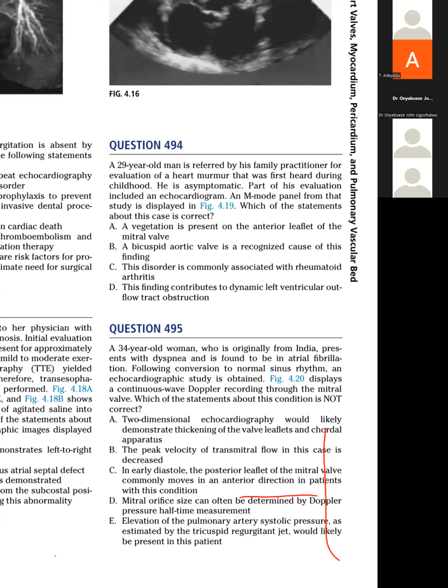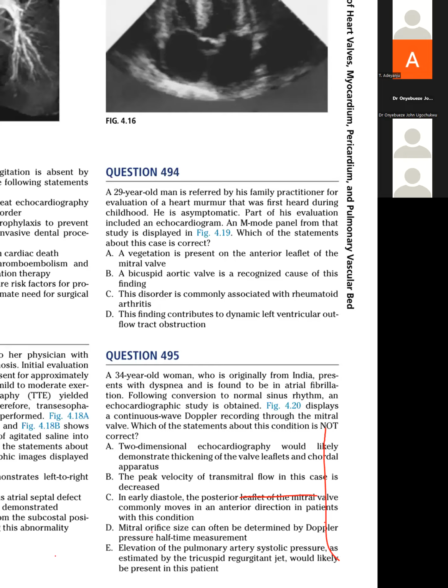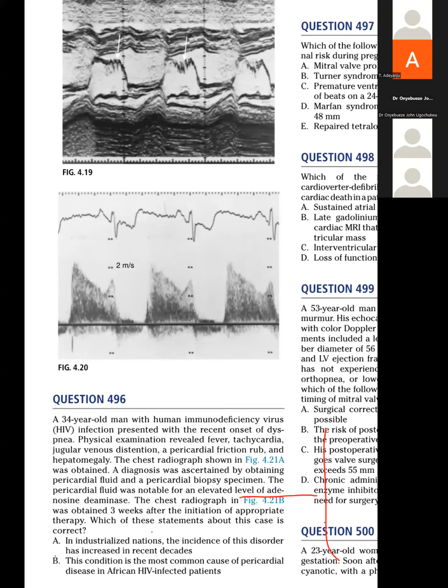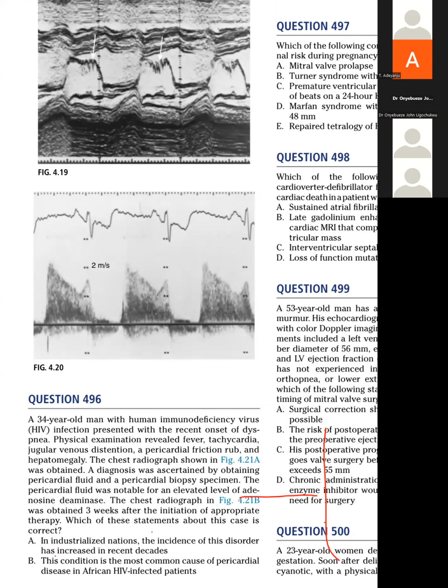Figure 4.20 displays a continuous wave Doppler recording through the mitral valve. Which of the statements about this condition is not correct? Let's go back to the image before we look at the options.